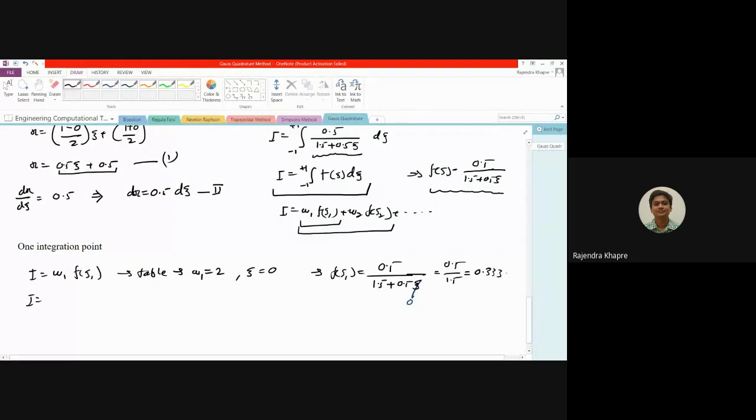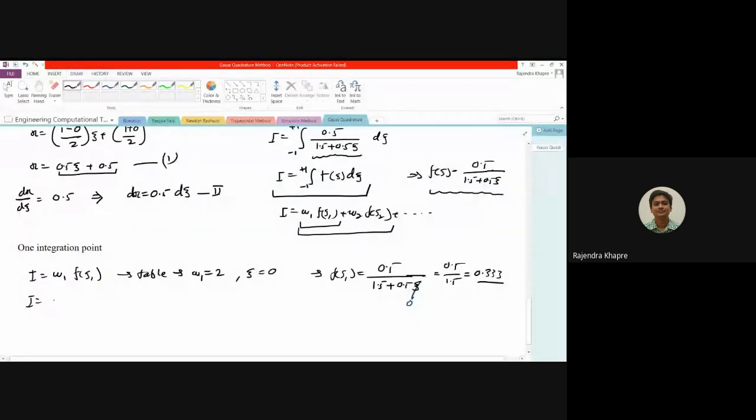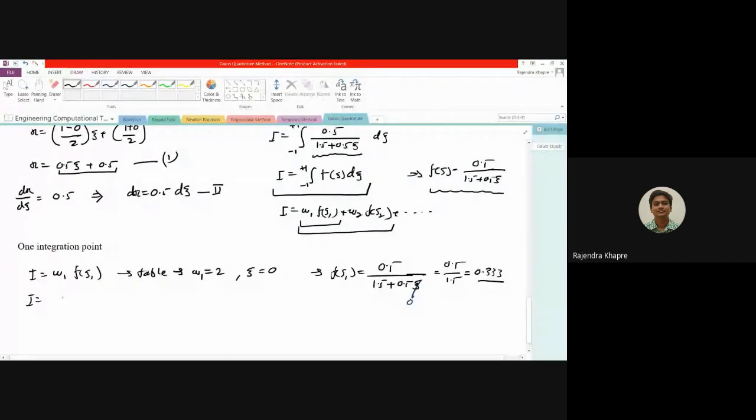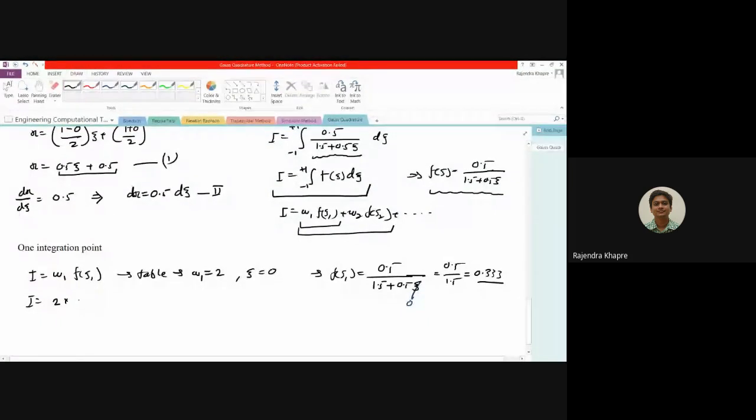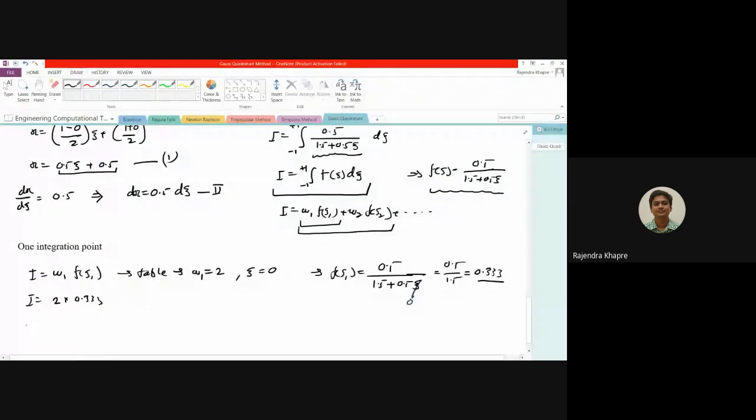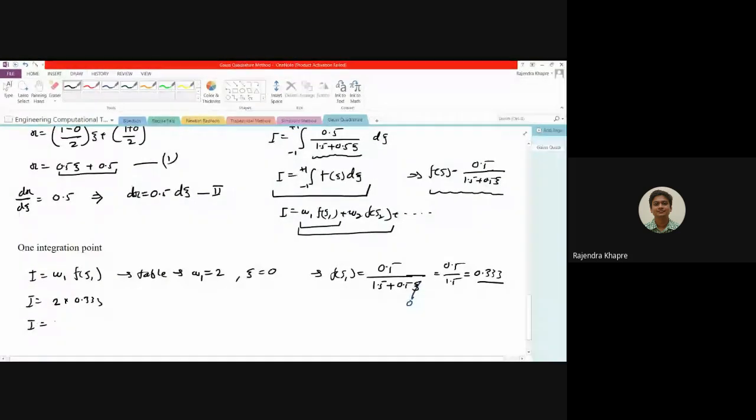Am I right? Yes, sir. So f of xi is 0.333. As far as one point integration is concerned, your I value is w1 into f of xi1, which is 2 into 0.3333. How much is the I value now? 0.667.